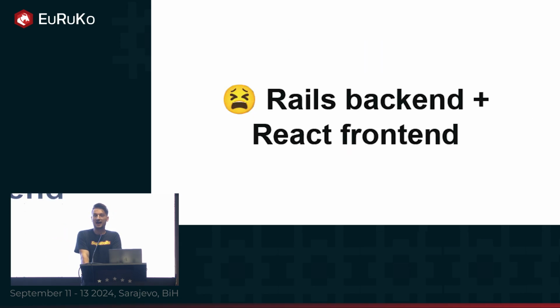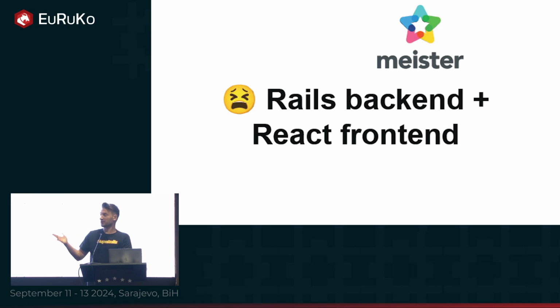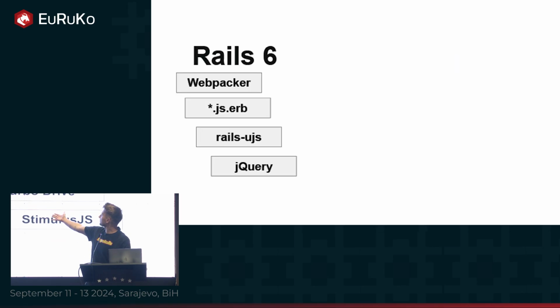It is the age when React became popular, and most Ruby on Rails developers that I know became backend developers, building just Ruby on Rails in the backend, serving APIs, and using React for the frontend. For example, we've got Meister here that uses Ruby on Rails for the backend. They're one of the sponsors, and React in the frontend. Yeah. So these were the dark ages.